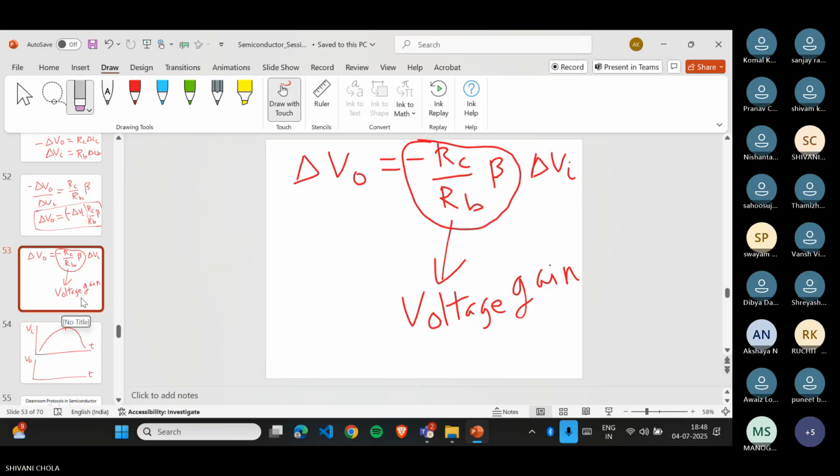Yes, sir. So imagine your delta Vi is positive. Let's say for the time being this delta Vi is a positive value. So will this whole value be positive or negative? If this is positive, then the whole value will be negative. So that's why your delta Vo will be negative. It means your change in the voltage should be negative.